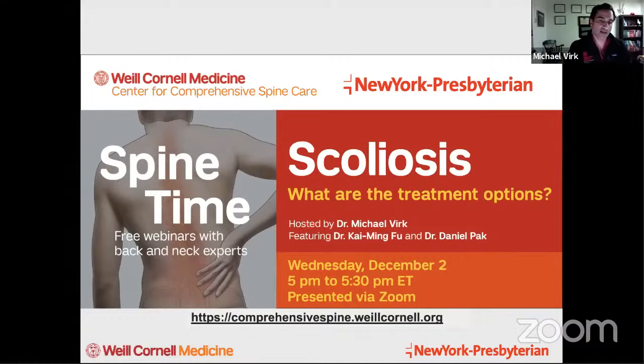And we can do that through what we call conservative measures, things like physical therapy and strengthening, to minimally invasive pain treatments, which Dr. Pak will talk to us about tonight, as well as surgical options. And Dr. Fu is going to illustrate some of those for us this evening.